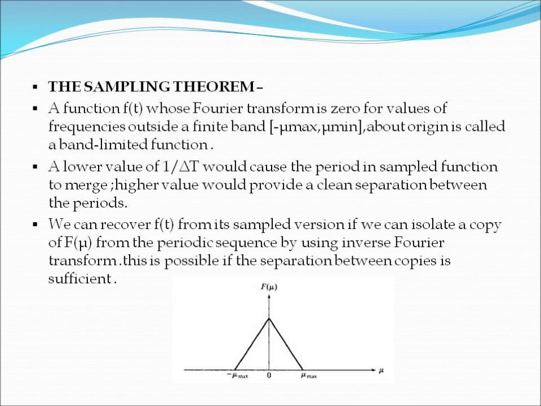We can recover f of t from its sampled version if we can isolate a copy of F of u from the periodic sequence by using the inverse Fourier transform. This is only possible if the separation between the copies is sufficient.